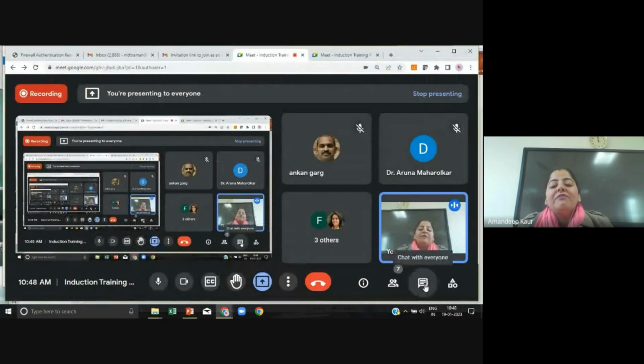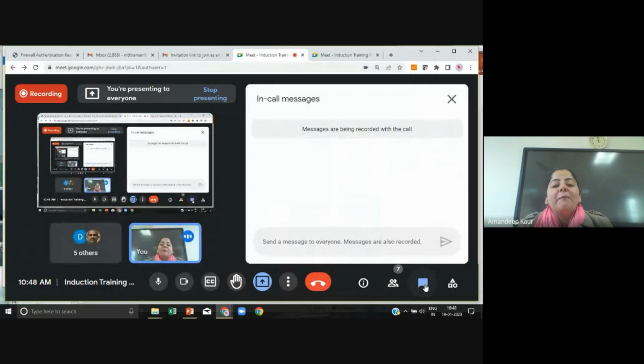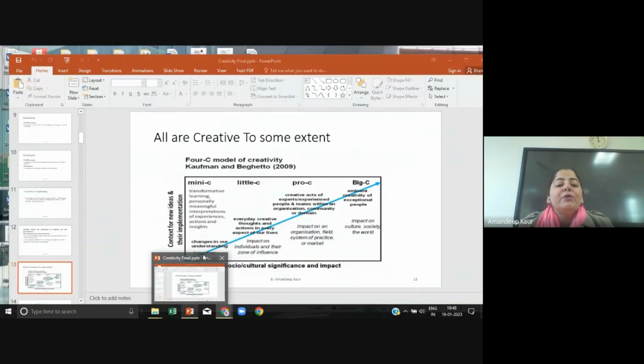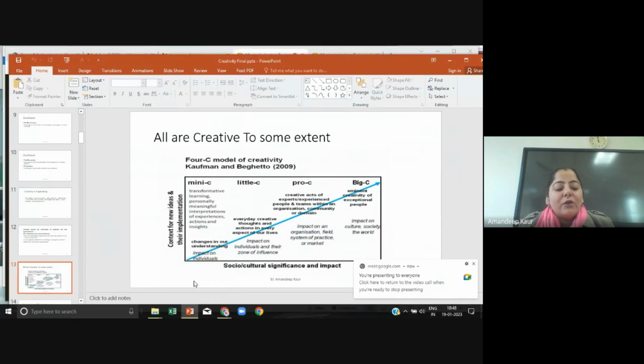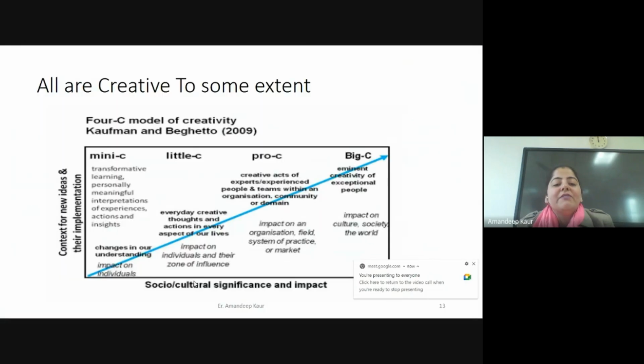So at the very first stage, in the development of creativity, it is the teacher who defines what level of students is available in the class and what kind of learning experiences we need to create so that we can transform their thinking process and add a number of experiences in their formal education. It will change our understanding about things.